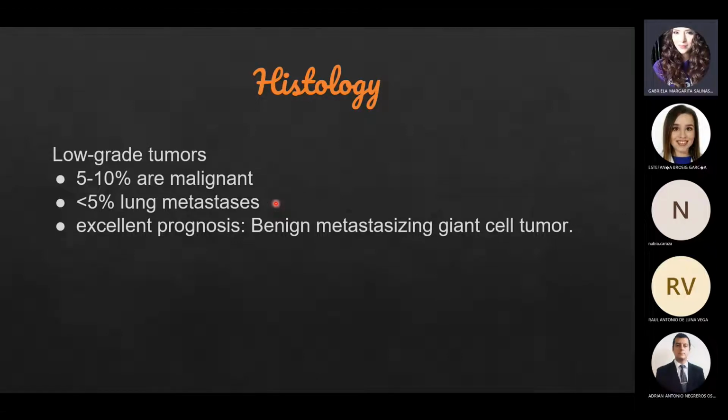This is why I also thought that it was a really interesting case, because it is uncommon that they have lung metastases. And it has an excellent prognosis. Even though it can give metastasis, it is called benign metastasizing giant cell tumor, because with the treatment, it can have an excellent prognosis.